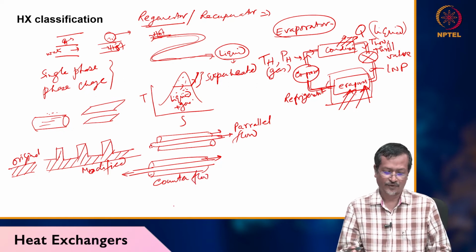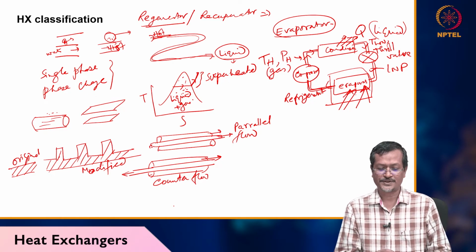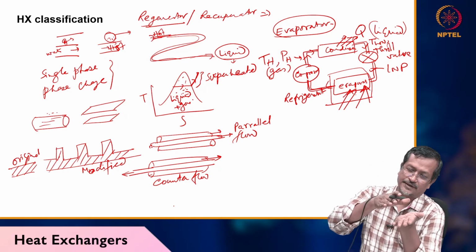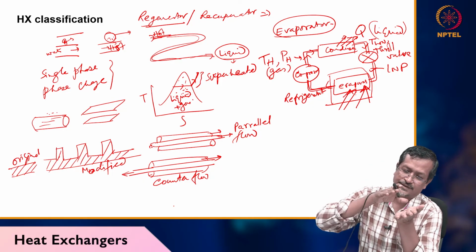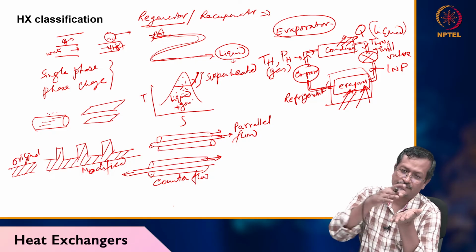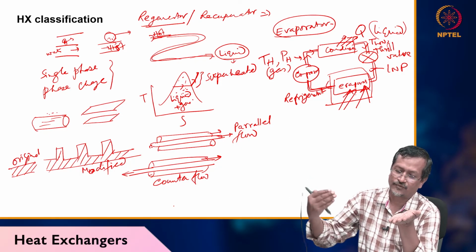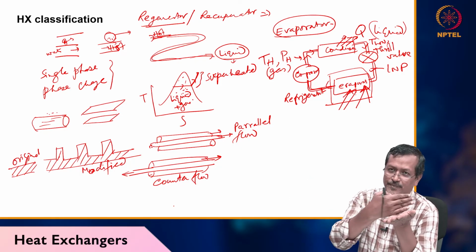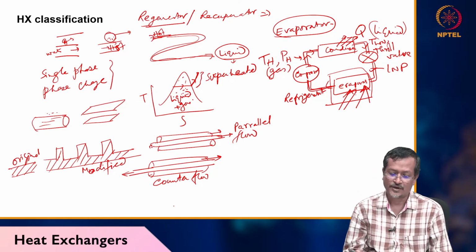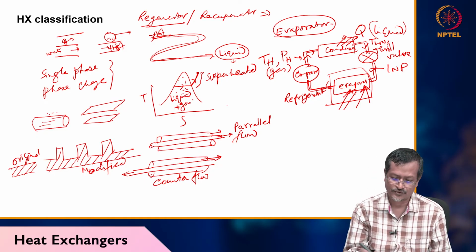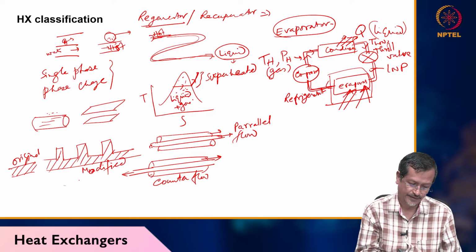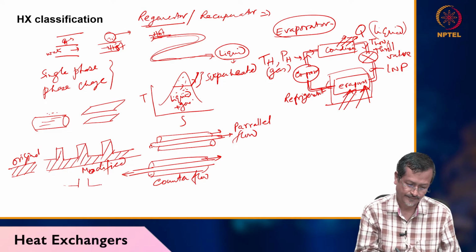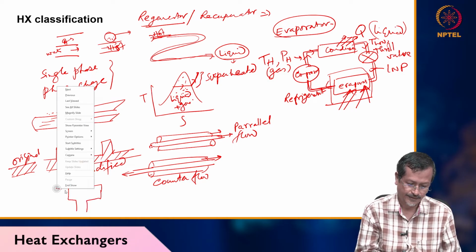Okay, another flow or situation will be like cross flow. Cross flow means, like say two plates are there or two pipes, going in this direction, but another fluid is going just perpendicular to the flow, so that will be cross flow. So the figure I can draw like this, parallel flow, cross flow. Another flow will be like this.